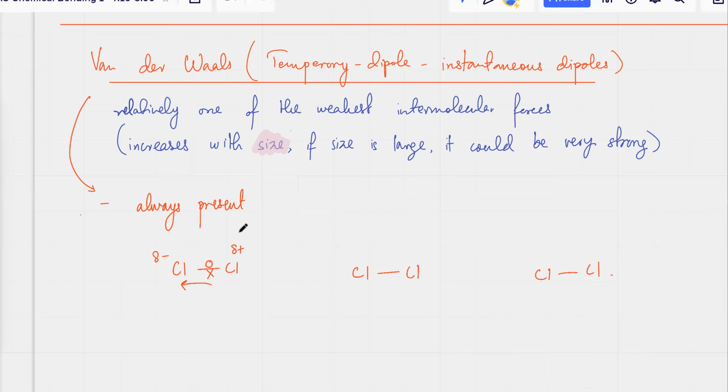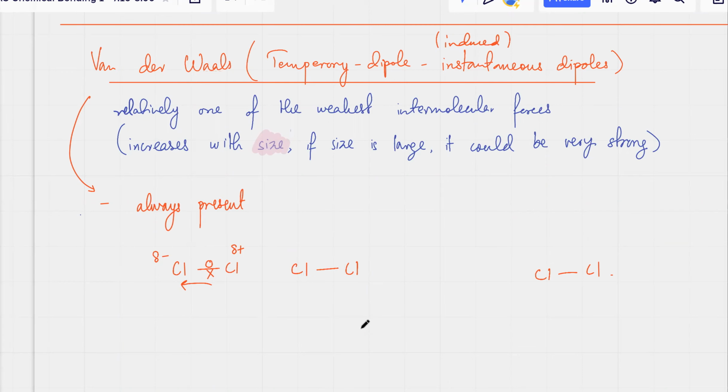Now, the electrons are constantly moving around due to collisions. So that is a temporary dipole. What's an instantaneous dipole, or induced dipole? What happens is that if this one gets a dipole for a very short time, a few microseconds, it's going to affect the other molecule and its electrons.